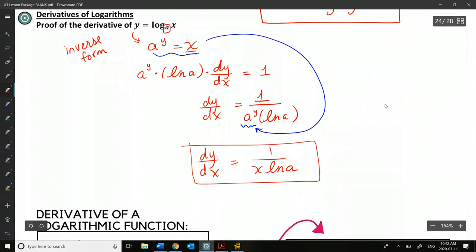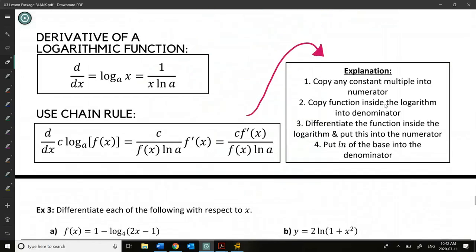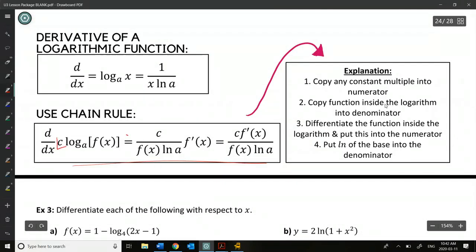Okay, so this is the basic proof for any logarithm with any base. a represents any possible base that we could have to x. So we will get 1 over what's inside the logarithm times the ln of the base. If you have a more complex function, here's what you can use. You're going to use chain rule. Any constant multiple will be copied into the denominator.